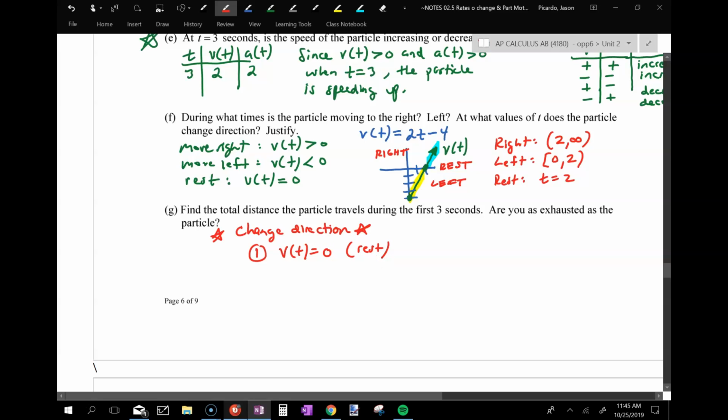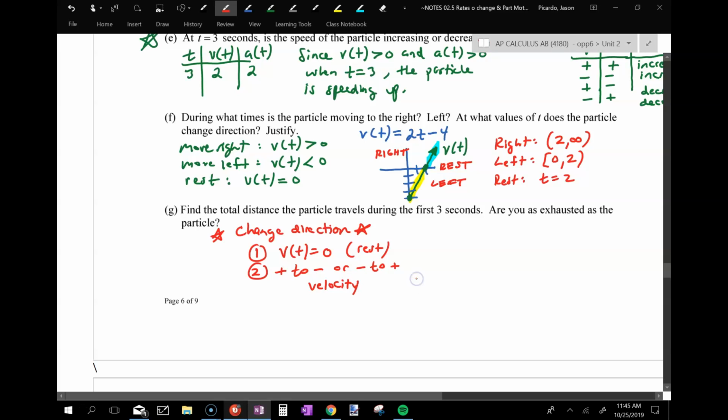In other words, I have to come to rest. The second thing that's true is that I have to go from a positive to a negative or a negative to positive velocity. That's the thing that people get a little bit confused by.